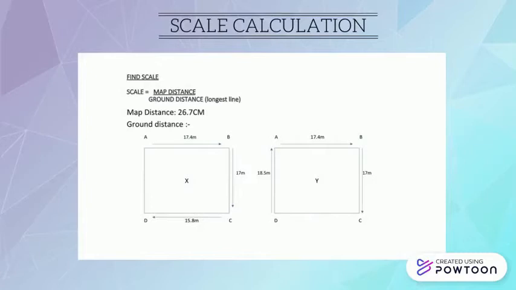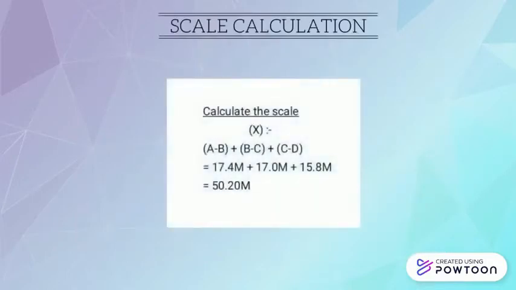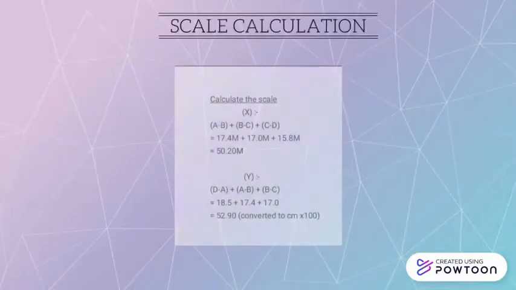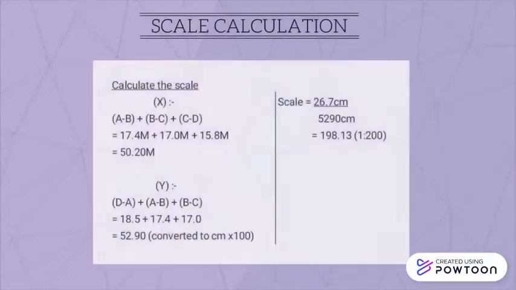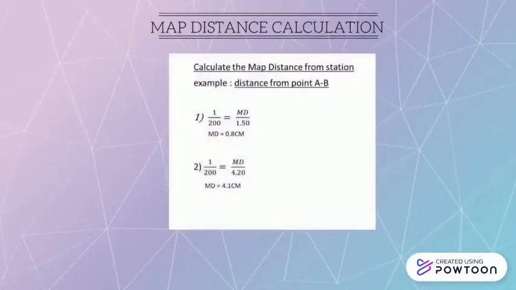For example, distance from point A to B. For example, 1/200 equal to map distance over 1.50. So the map distance is 0.8 centimeter.